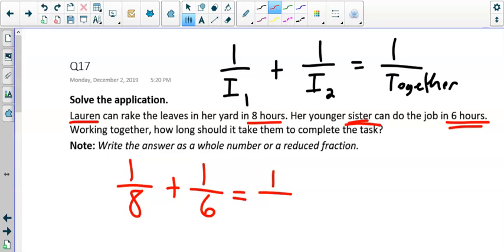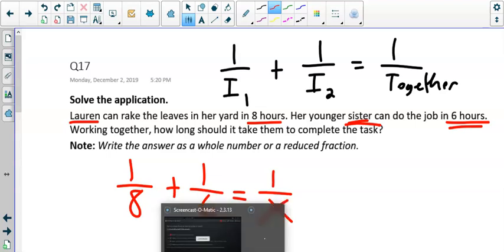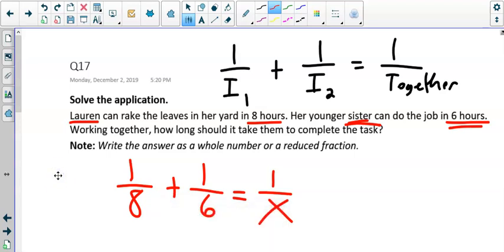Call it X. There's the setup. All we got to do now is solve. Just like what we did in the previous problem. Find the LCD, multiply everybody by it, and then kick out your answers.